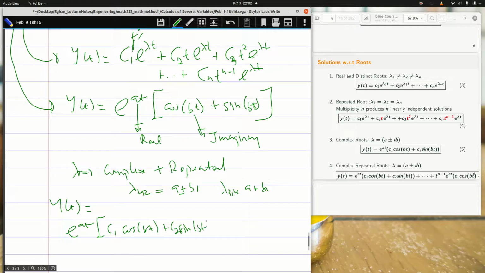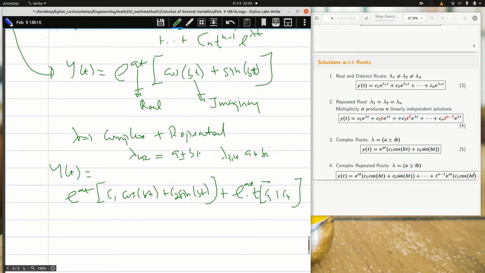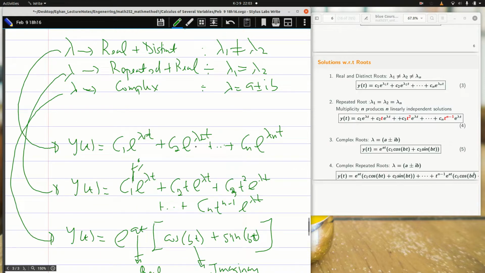This is the first part, plus the second part, which becomes e^(at) times the multiplicity t, c3 cos plus c4 sin, and so on and so forth. This is how the solution will be like. So let me take an example here.